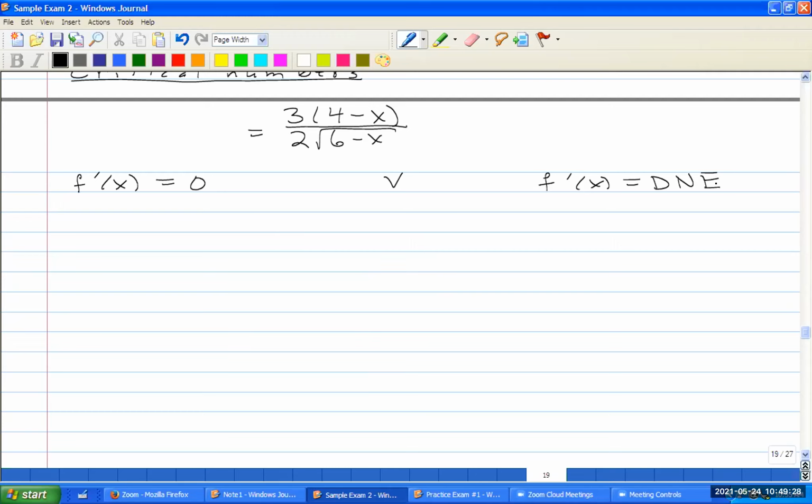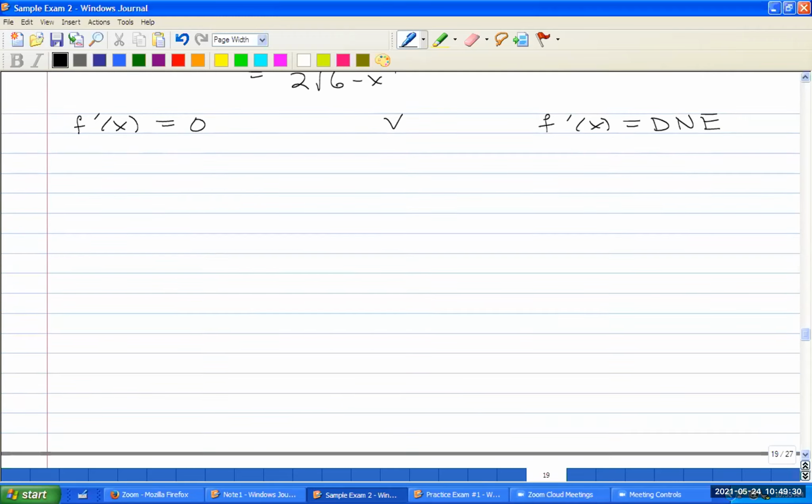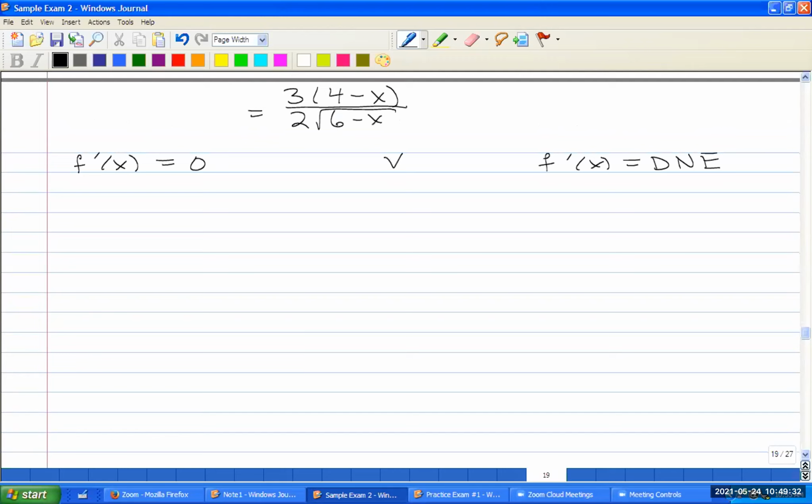Okay. And so I set the numerator equal to 0. So x is equal to 4. I set the denominator to 0 and solve for x.